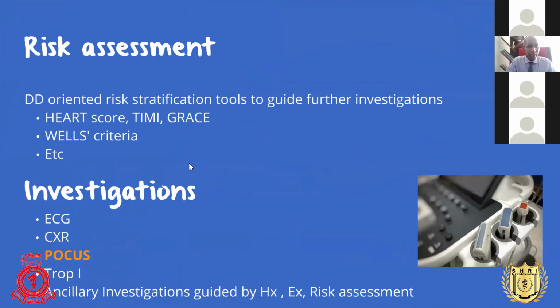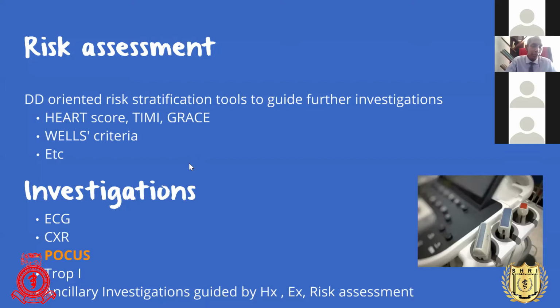Basically, while we are assessing chest pain, the ECG is number one, and then chest X-ray is very helpful. Now in the emergency department, we have point of care ultrasound scan, so for most of these pathologies we have some kind of guidance from it.